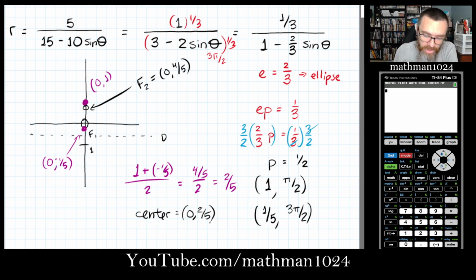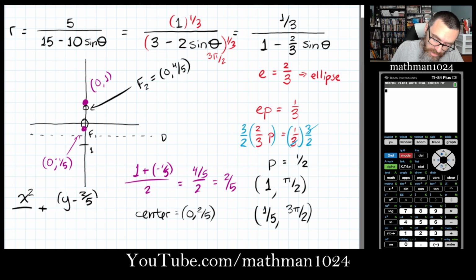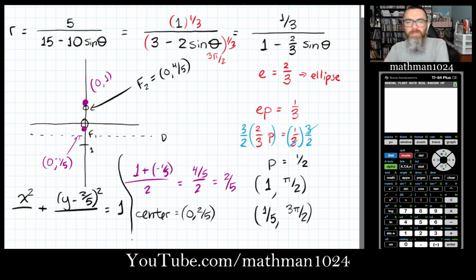So our equation for this ellipse, we're going to have to do some more work on that. So it's going to be x squared over whatever the a value is, plus, now the y value is a little bit messy because of the fractions, so that's going to be y minus 2/5 squared over something, and that's going to equal 1.